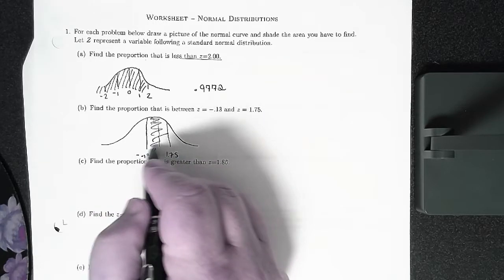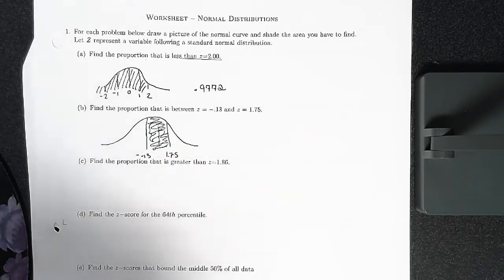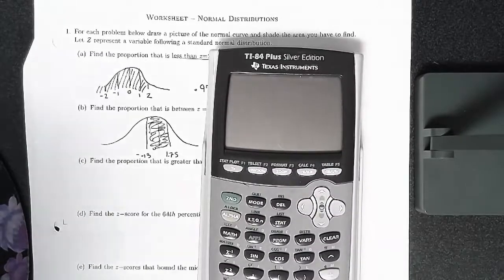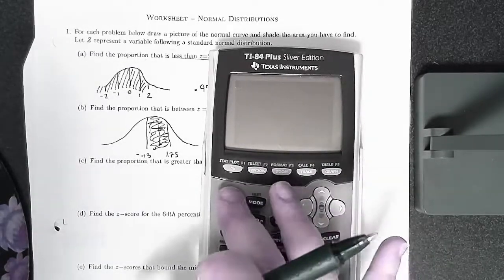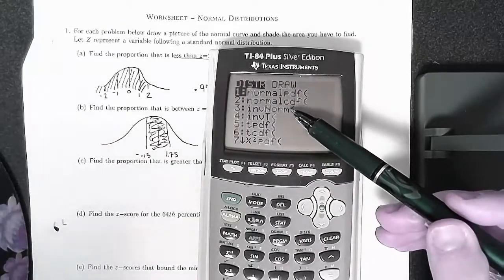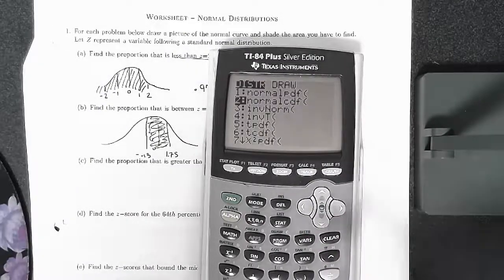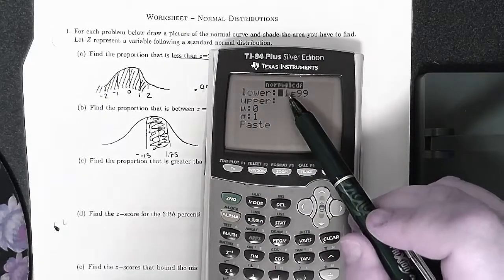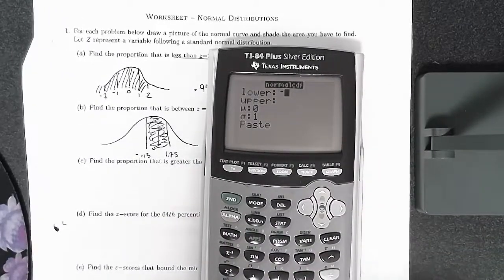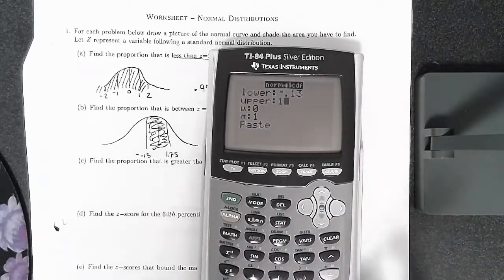Now, this is a fantastic problem to use your calculator for, because you're finding the area between those. So I turn on my calculator and go into 2nd VARS, and I want to find normalcdf, because we're doing a cumulative area. My lower bound is a z-score of negative 0.13 and an upper bound of 1.75.